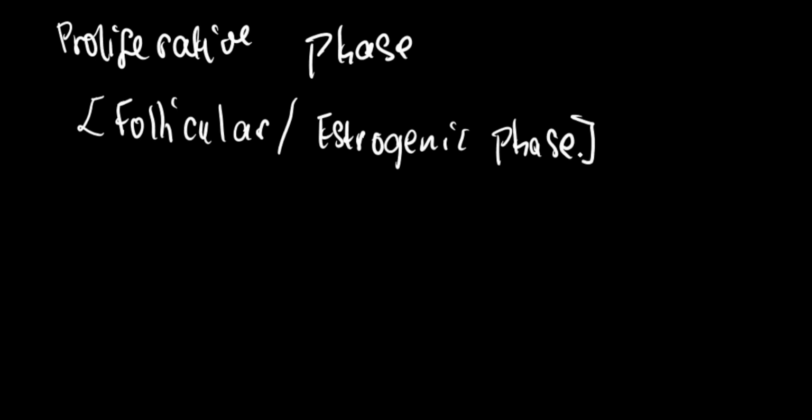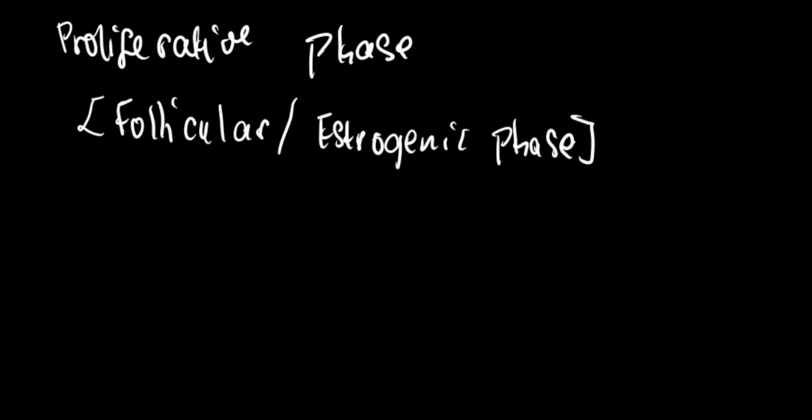Depending on the text you're using, if you come across follicular phase or estrogenic phase, keep in mind that it's all referring to the proliferative phase. Most texts, however, make use of the proliferative phase. Now, what exactly happens in the proliferative phase?